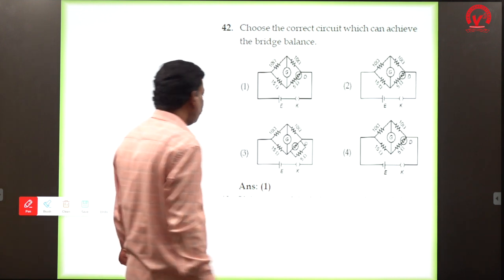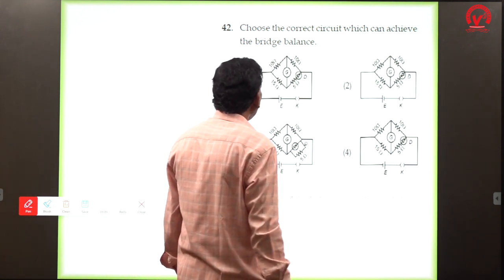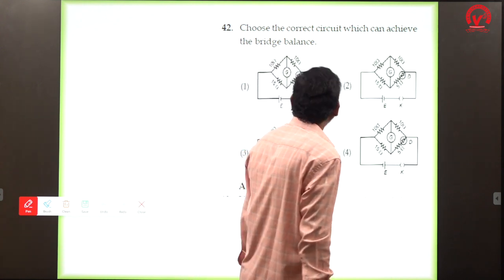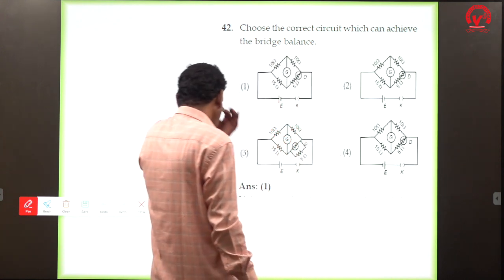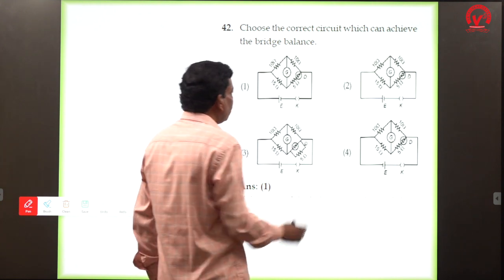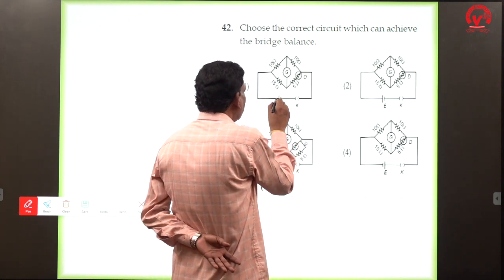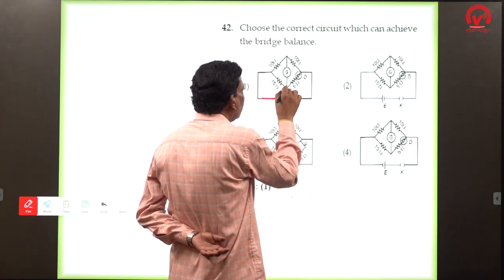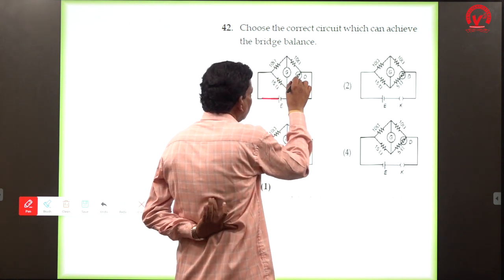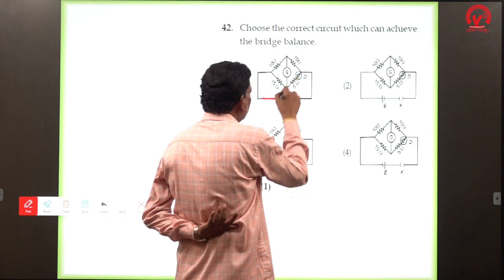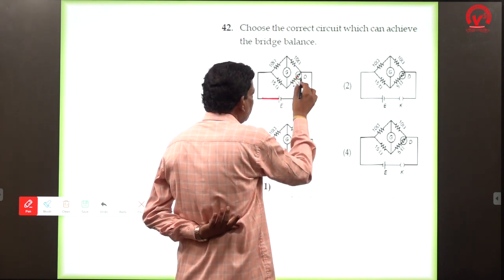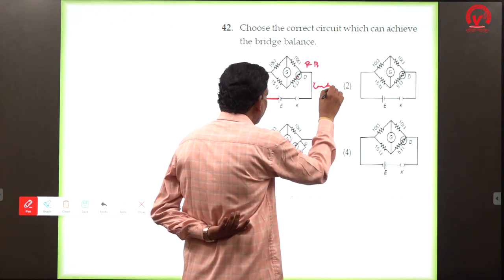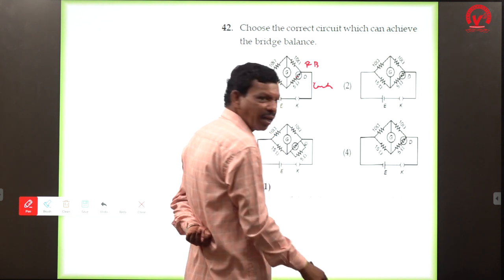So here they given a Wheatstone bridge. Choose the correct circuit which can achieve the bridge balance. So for this we have to see. Then a diode is there. It is a positive terminal, that means forward bias. The diode is conducting. Then okay, the circuit is clear.